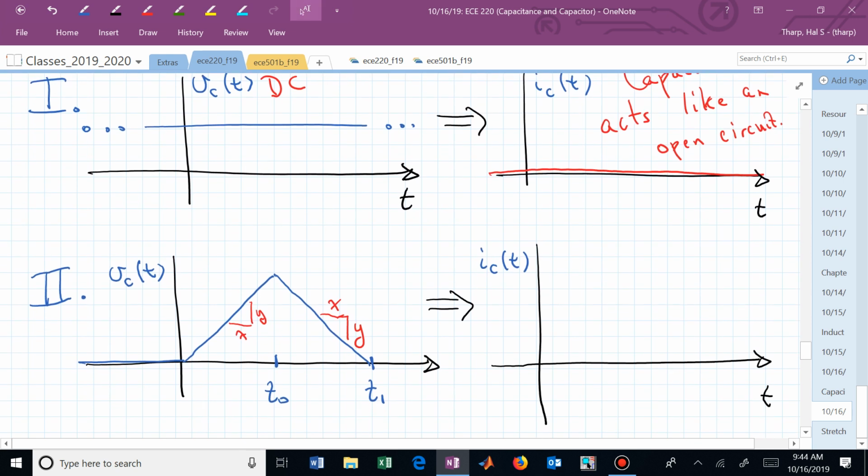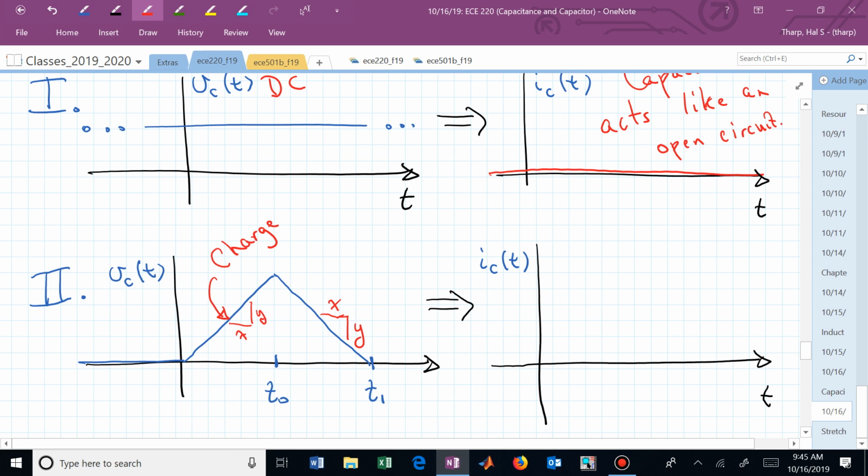What about this next case? Now we're going up and then down. In this particular case, we are now charging the capacitor. We're applying voltage to it, separating charge, building up the charge on that capacitor, and then we're letting it go. We're discharging on the downhill slide.